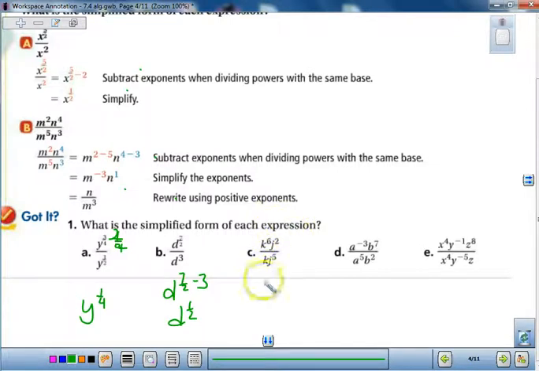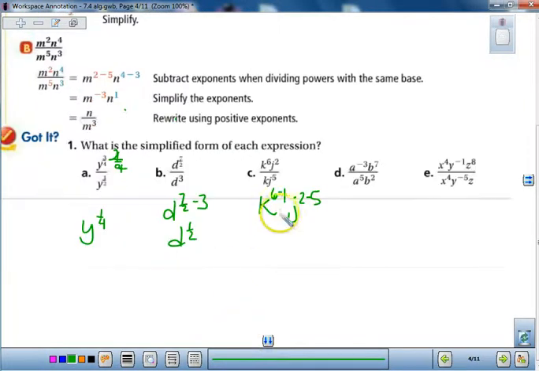Here again, if we are taking k to the 6th, and in our denominator we have k to the 1st, so we're taking 6 minus 1. Our j, you could keep it in the numerator and take 2 minus 5. At this point, we would have k to the 5th and j to the negative 3, which would equal k to the 5th over j to the 3rd.